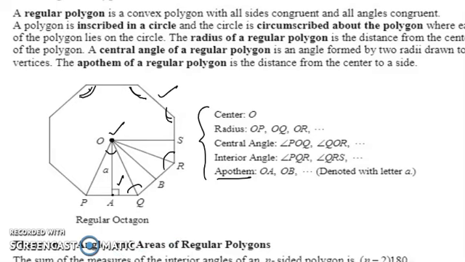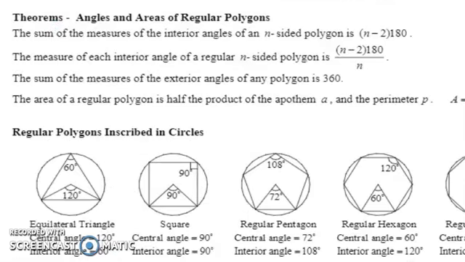Now some theorems on polygon. Theorems: angles and areas of polygon. The sum of the measures of interior angles of an n-sided polygon is n minus 2 times 180. This is the first theorem.